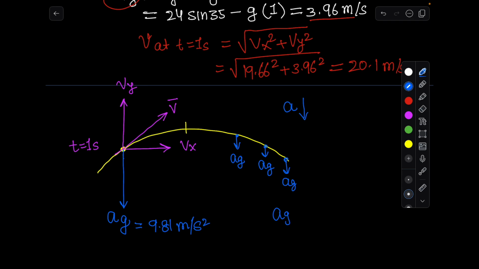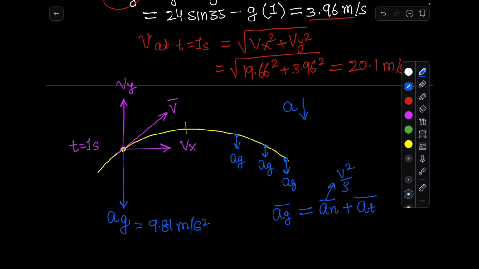So AG is equal to AN plus AT. So where is AT and where is AN? You know that if you can find AN, you can find the radius of curvature.